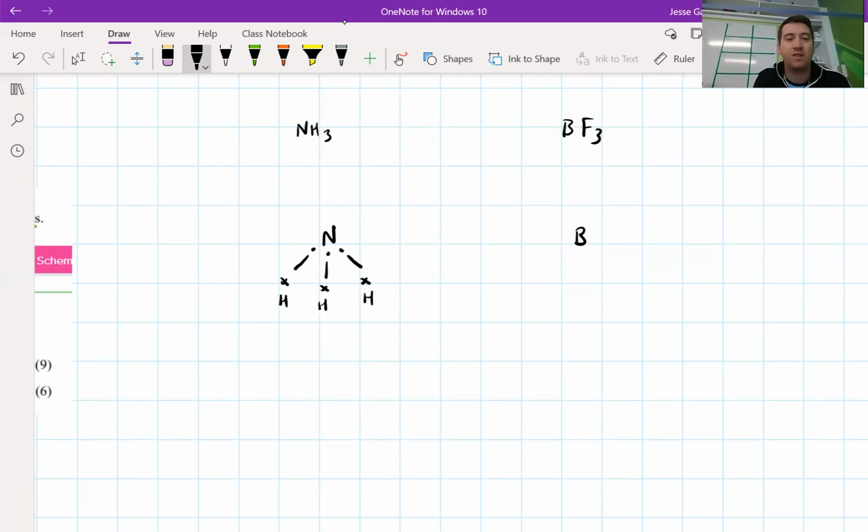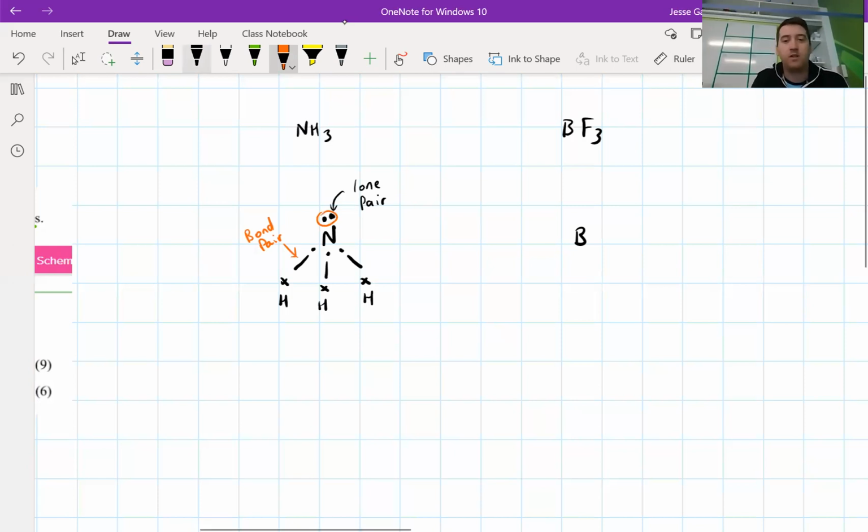And nitrogen has 5 valence electrons. I've only drawn 3 of them at the minute, the 3 dots. It's also got this other pair that just belongs to the nitrogen. And this here is called the lone pair. So hopefully my students know that this is called a lone pair and that these here are called bond pairs. So ammonia, NH3: the nitrogen has 1 lone pair and 3 bond pairs.